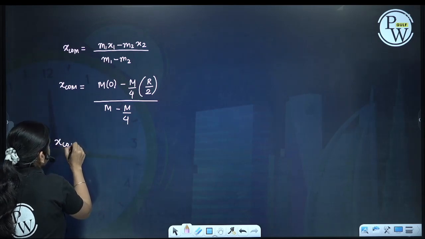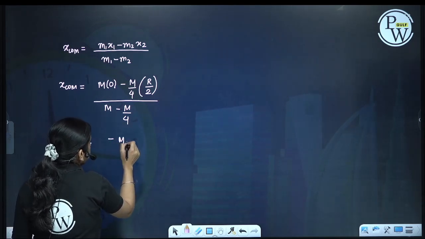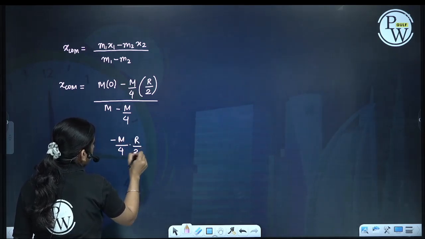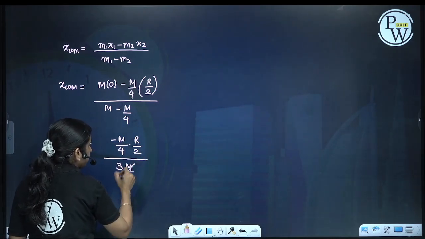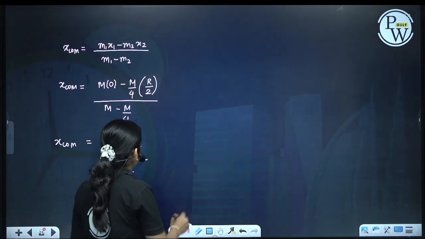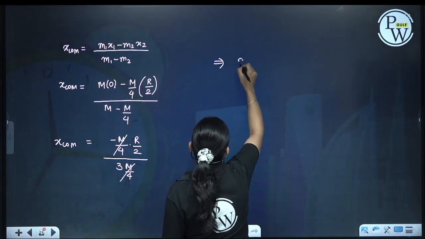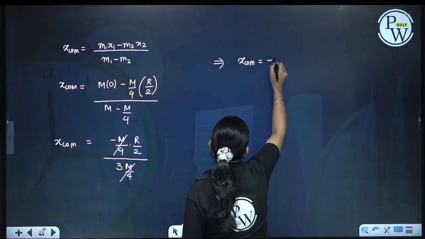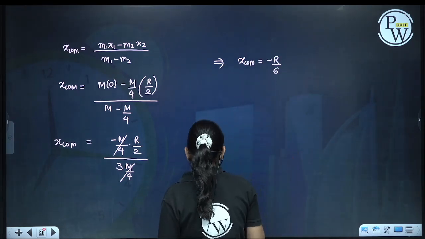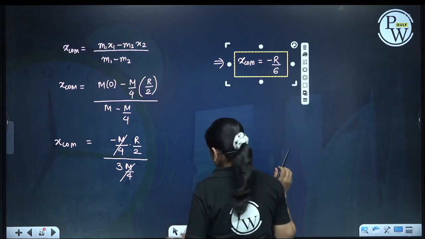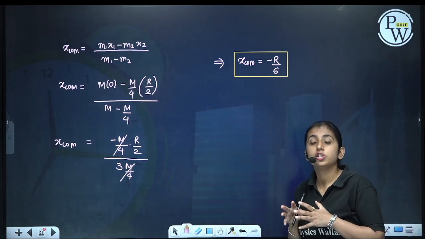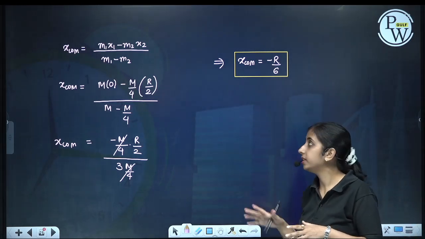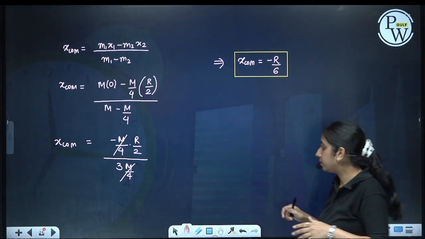So XCOM will be minus m by 4 into r by 2 divided by 3m by 4. Now this m by 4 gets cancelled, and we get XCOM is equal to minus r by 6. This is the position coordinate of the center of mass.